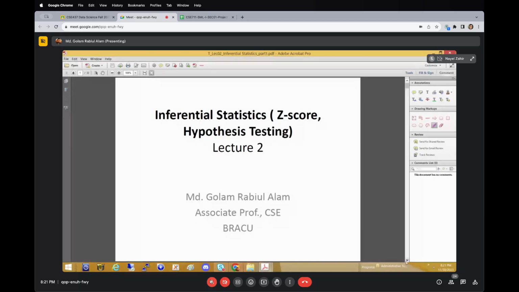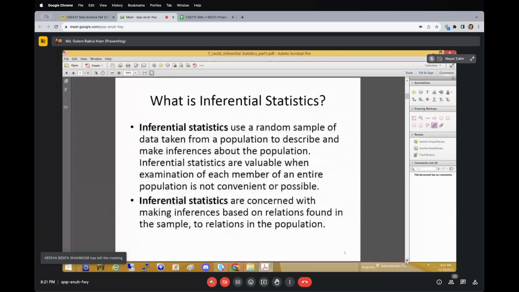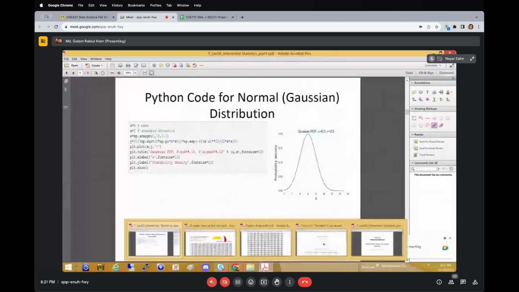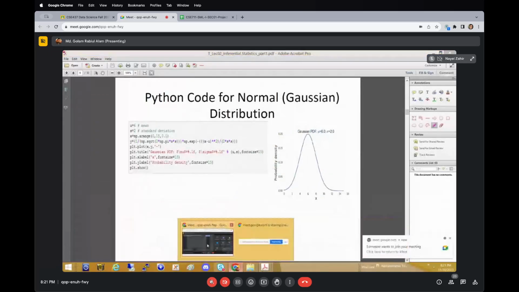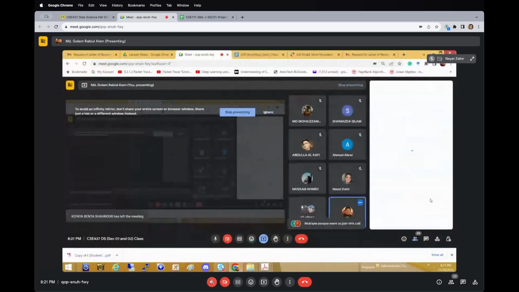In our last class, we discussed what inferential statistics is, how it is different from descriptive statistics, what the use of inferential statistics is, and the probability distribution.